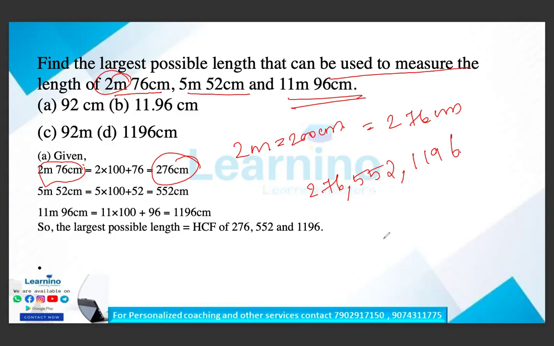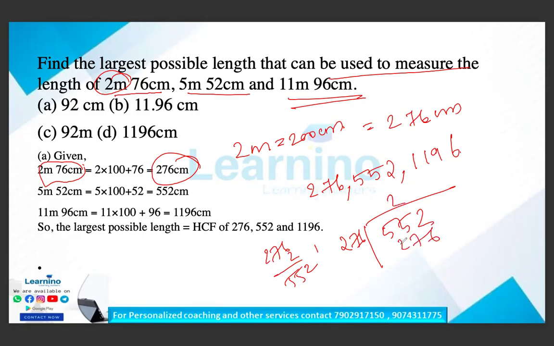So we take the division method. 552 divided by 276, 2 times, this will be 552. So here we get 276 and divide it with 1196 divided by 276.